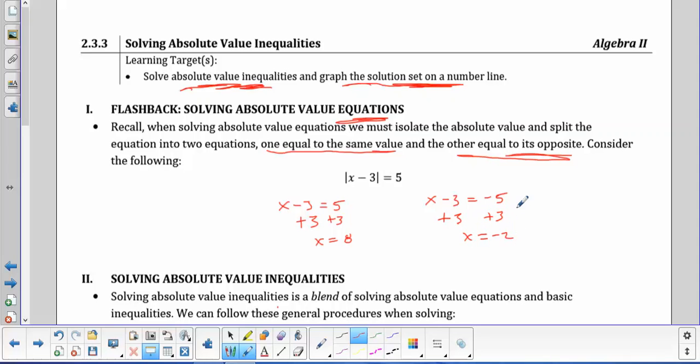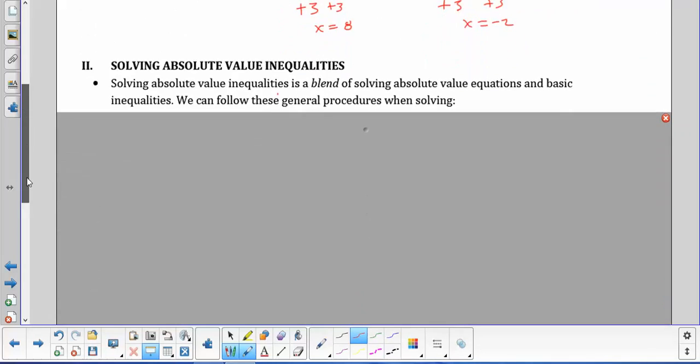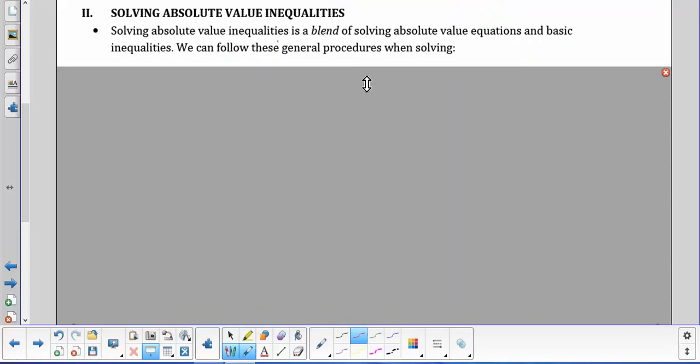And then we would get two answers. Solving absolute value inequalities is sort of a blend of the equations and a blend of basic inequalities. As with anything, we're going to follow some general procedures, and they're going to look like so.